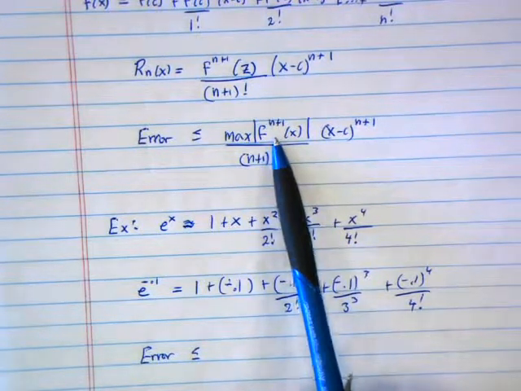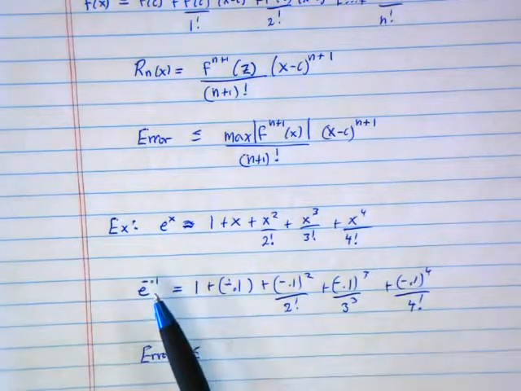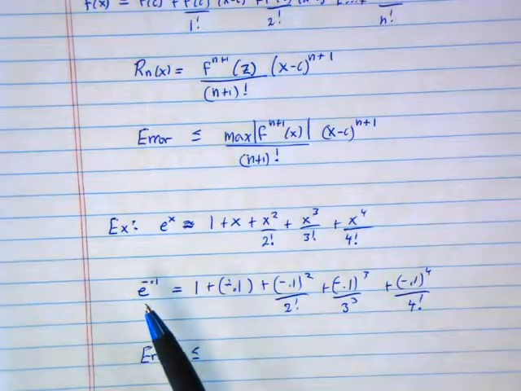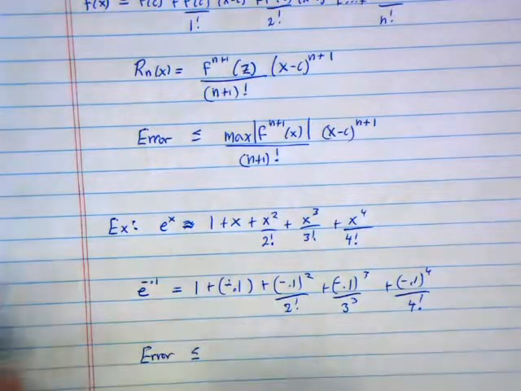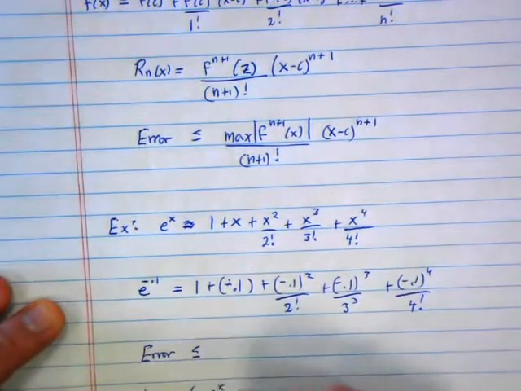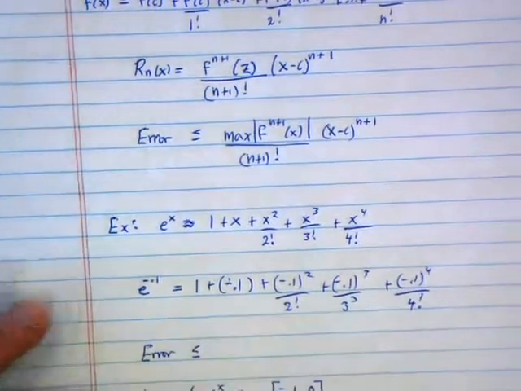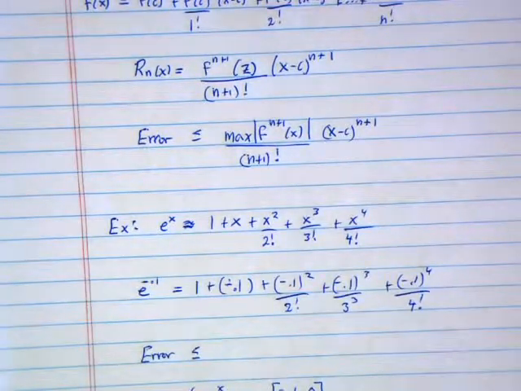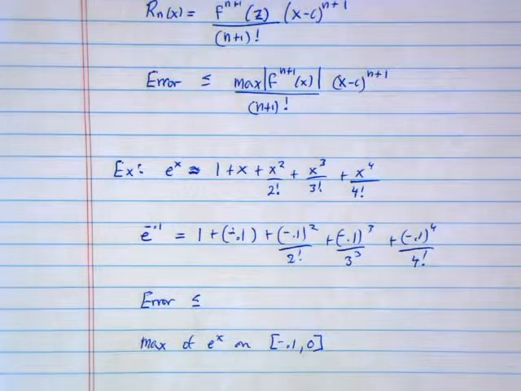What's its maximum value when x can be between negative 0.1 and 0?